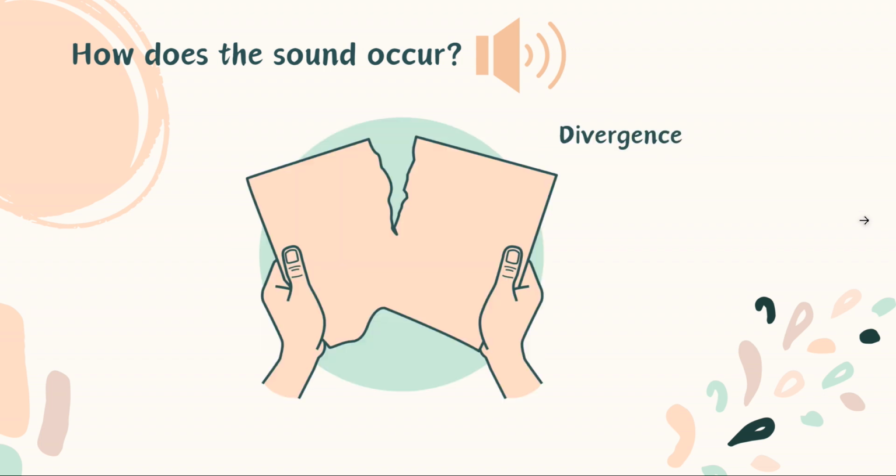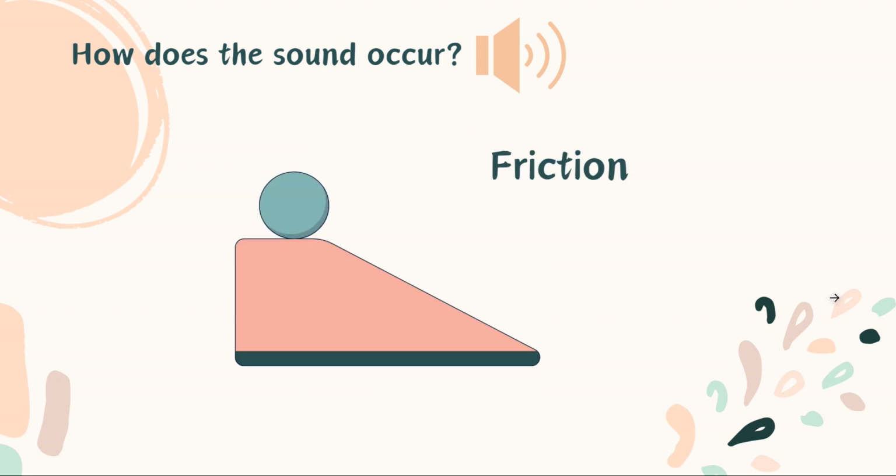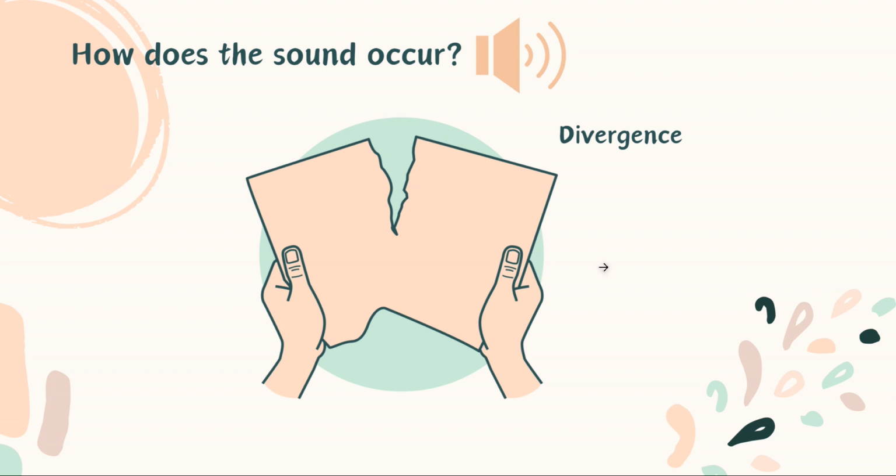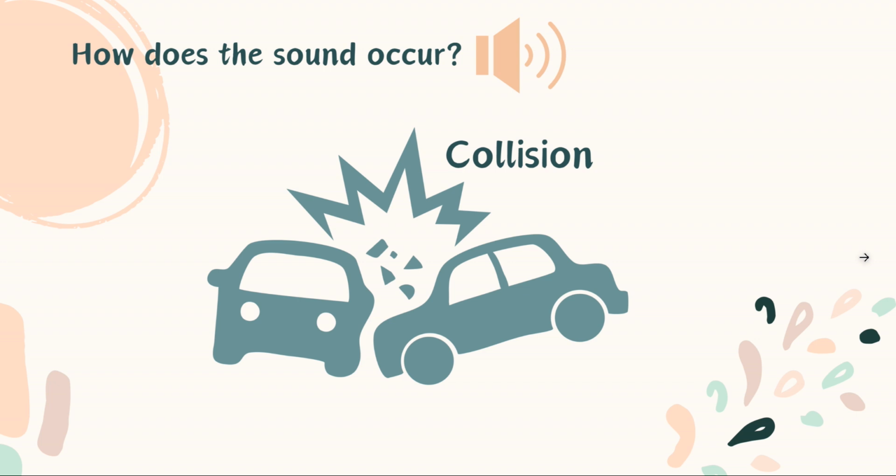This is friction. What about this? Yes, if we separate, if we tear apart this paper, this is the sound that we are going to listen. Exactly. And what about oi, oi, oi.